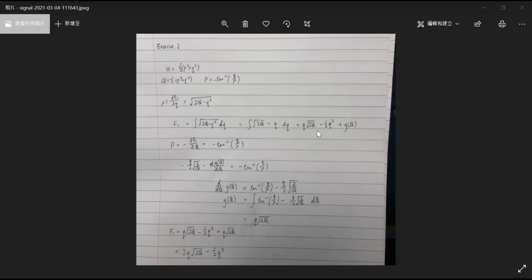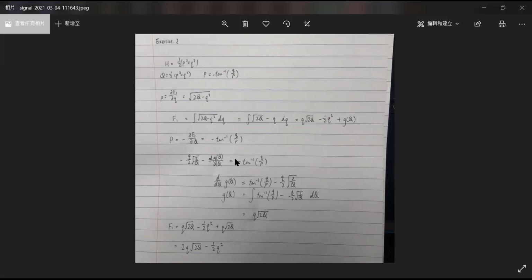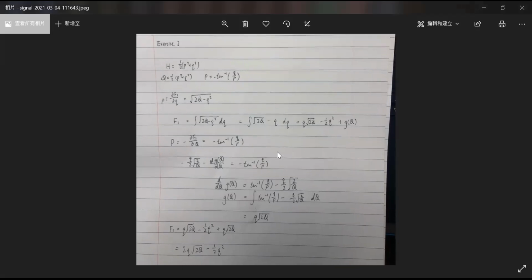I use the f1 I found above, and then I partially differentiate with large Q, and after the calculation I find g of Q being q root 2 large Q, and then I plug this q root 2 large Q back into the f1, and then I find f1 is 2q root 2 large Q minus half Q squared.